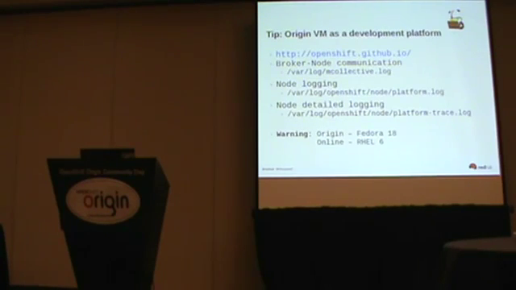For cartridge development, very apropos for this group, you can bring up an Origin VM that Krishna back there builds diligently, and do your cartridge development there if you want, as opposed to online.